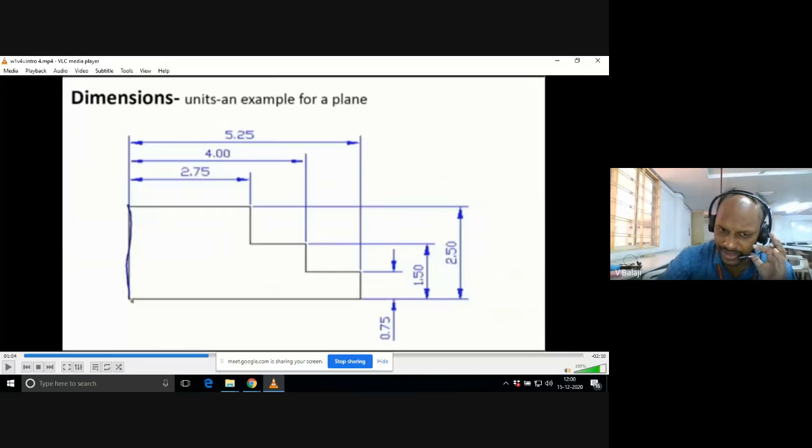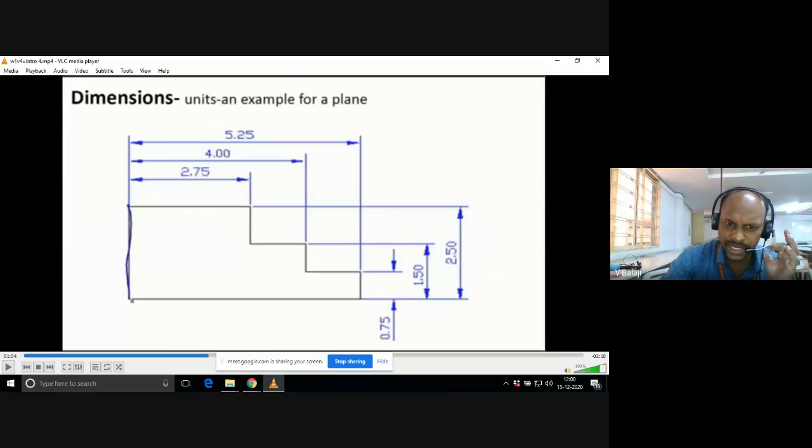And here you see extension lines are there. To insert the dimension line, we are drawing two extension lines, and horizontally we are drawing the dimension line, and vertically we are drawing the extension line. These lines and arrow marks should be drawn with a 2H pencil or H pencil.